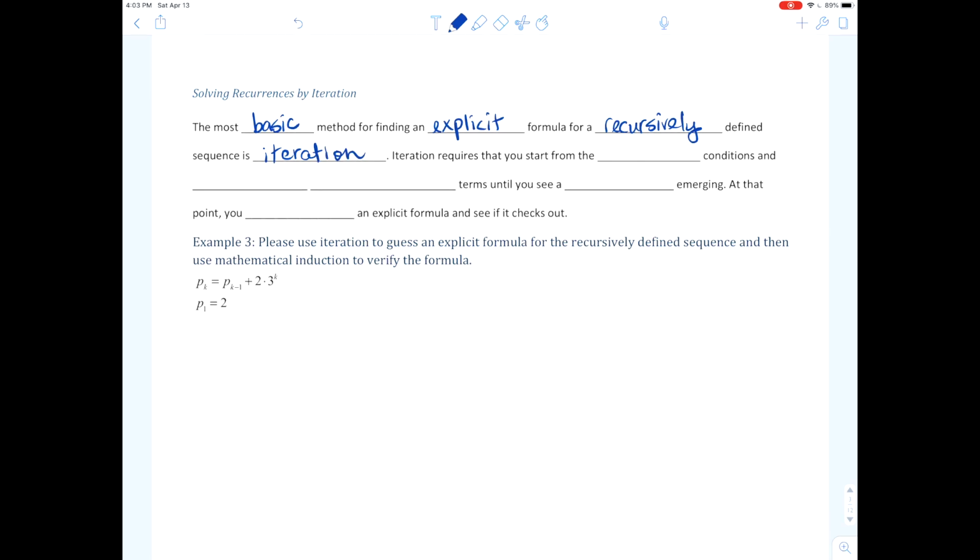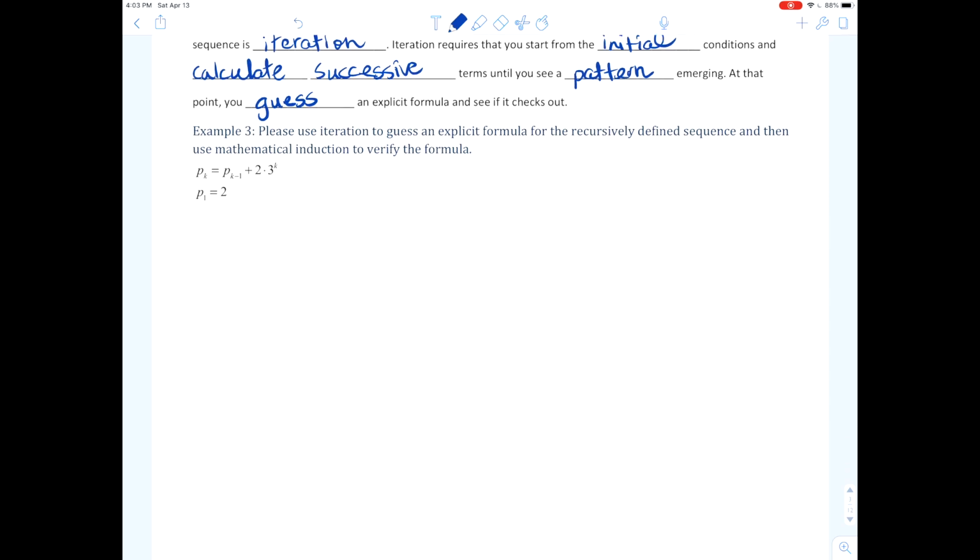Iteration requires that you start from the initial conditions and calculate successive terms until you see a pattern emerging. At that point, you guess an explicit formula and then you see if it checks out. So in this example, we're going to use iteration to guess an explicit formula for this recursively defined sequence. And then we're going to use mathematical induction to see if we're correct.